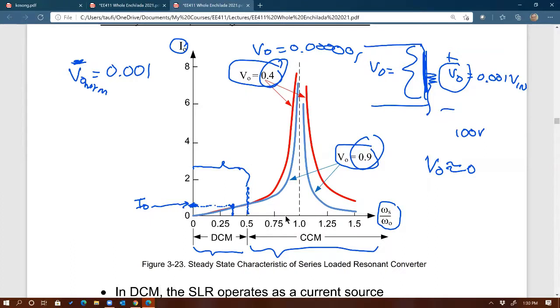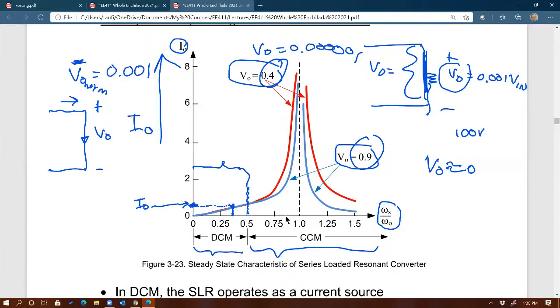If you don't have these characteristics, what happens if you have just a straight short? What's going to happen with the current? It flows to infinity, right?